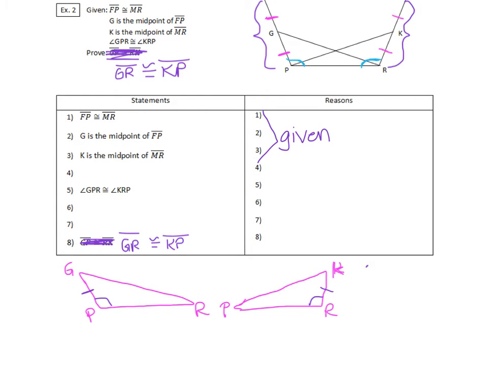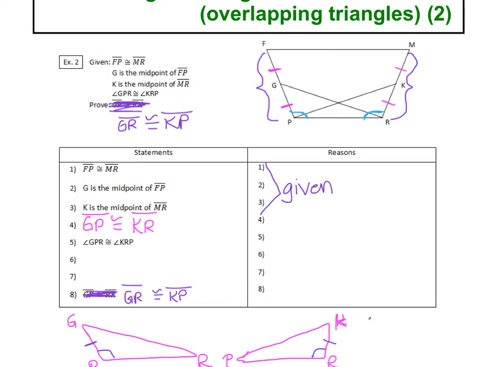Alright, now we can go ahead and say that GP is congruent to KR. Now, we just have to make sure we understand the reasoning behind this. So if we go back to when we did that, we had this big segment that got divided into two smaller segments. And this bigger segment that was congruent got divided into two smaller segments.